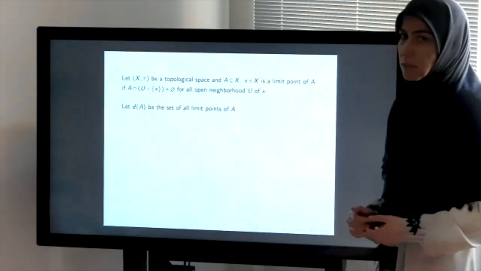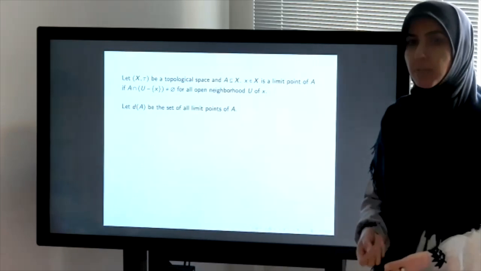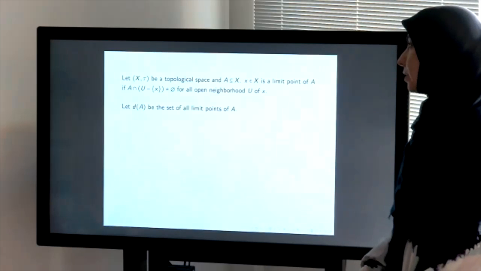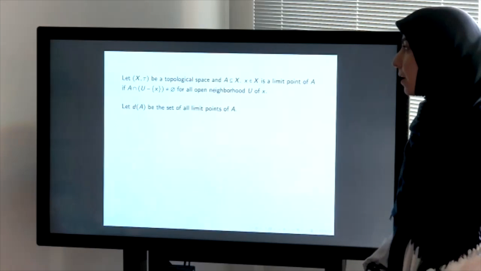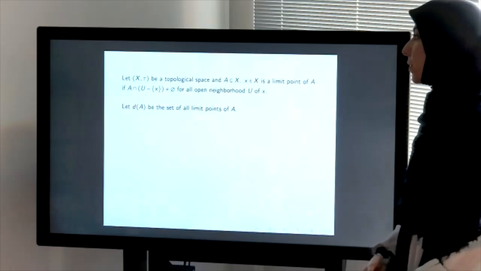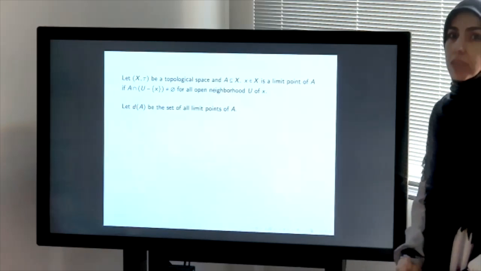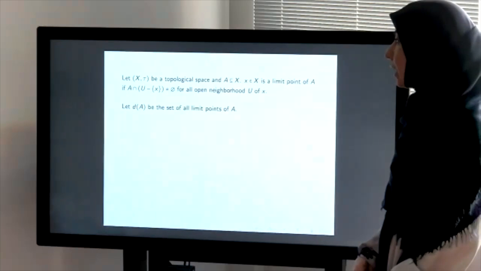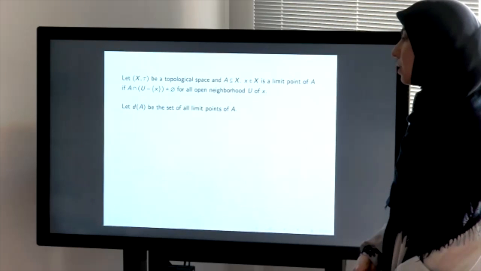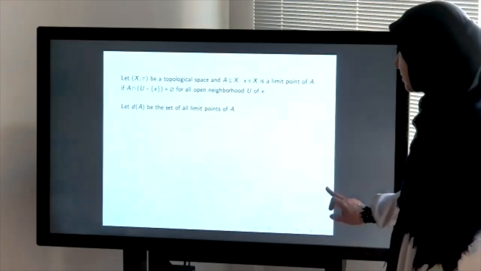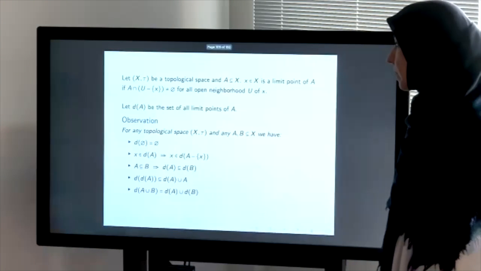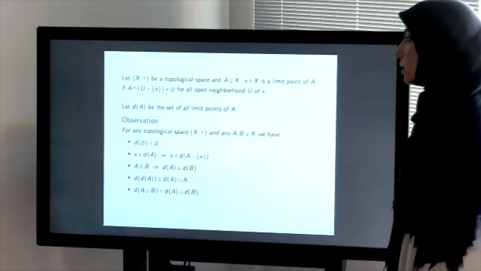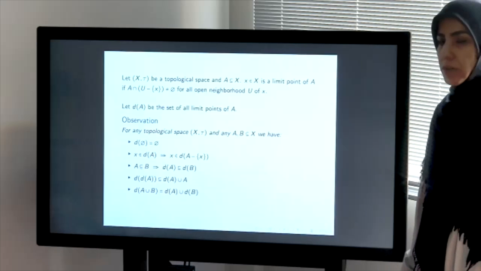As we said, a point x is a limit point of a subset A if every neighborhood of x contains a point in A which is not equal to x, and we denote the set of all limit points of A by d of A. And we said that we have these properties for the derivative operator.